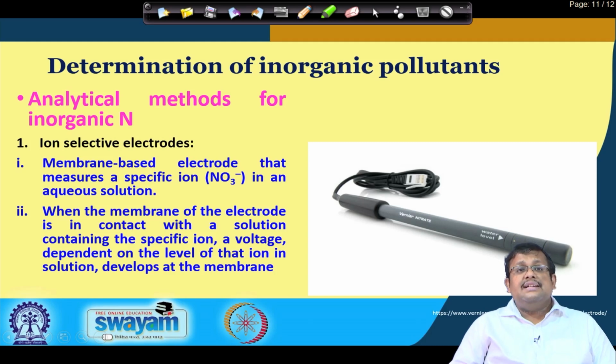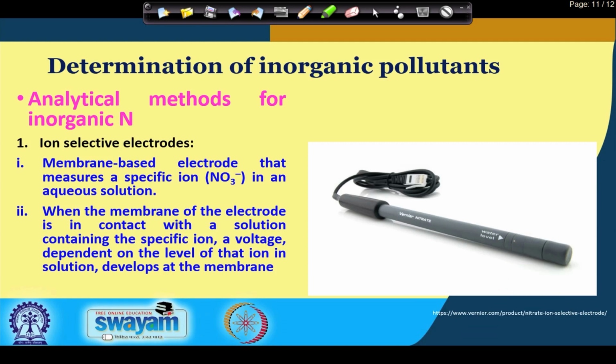Now, we are going to discuss the analytical methods for inorganic nitrogen. The first tool we generally use for determination of inorganic nitrogen, or a particular ion, is the ion selective electrode.